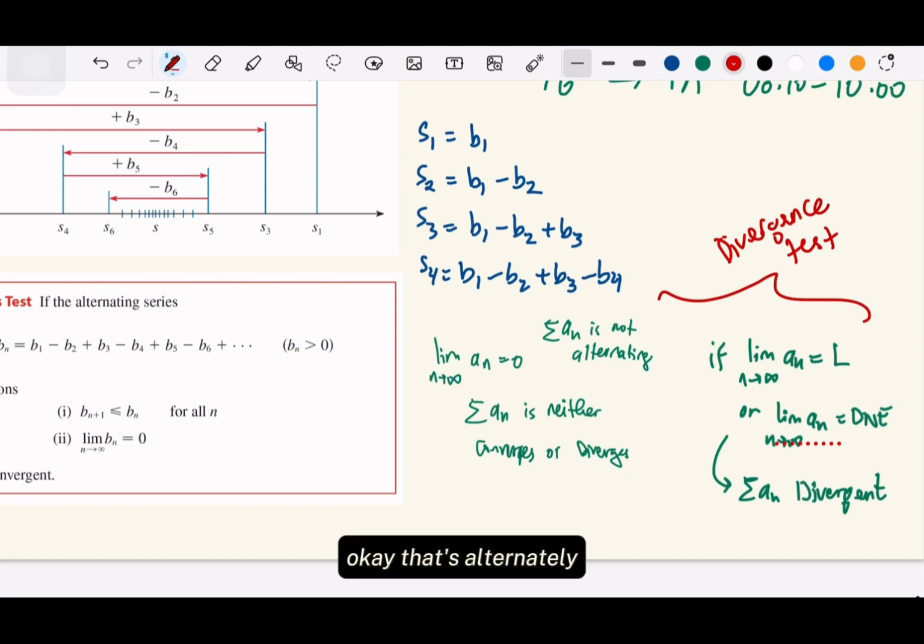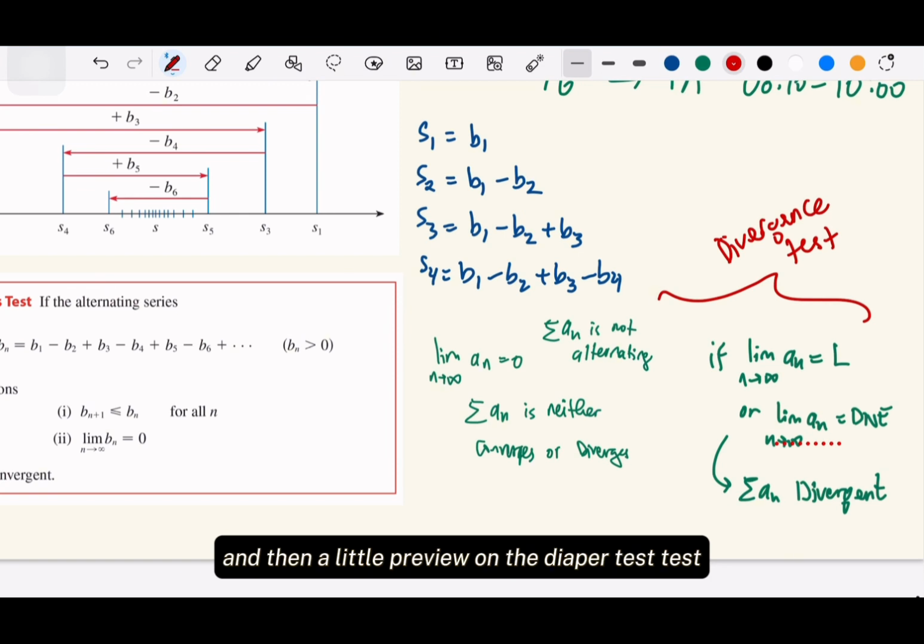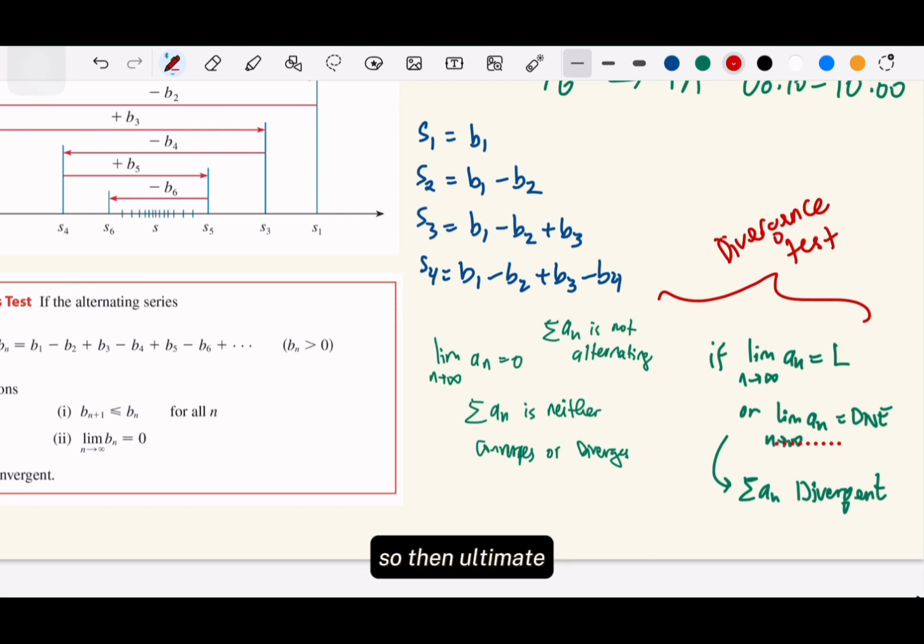Okay, that's alternating. And then a little bit of review on the divergence test. I hope you get this correct, because this is the very first test you can do when you have a limit for the series. You take the limit. You get wrong here, then all the concept is wrong.